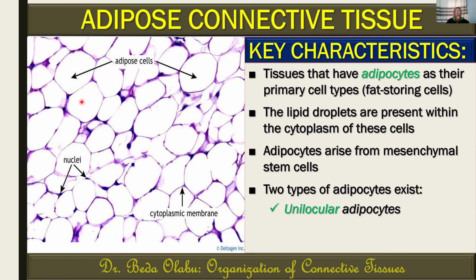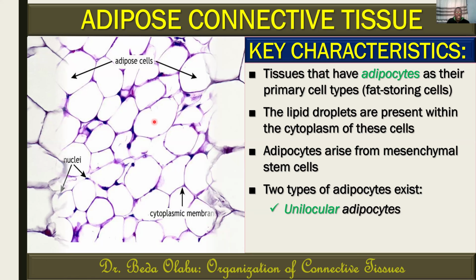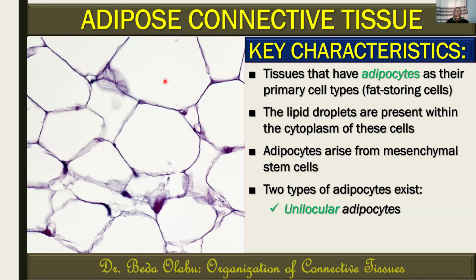These are adipocytes that have one huge fat locule within them. So it's a unilocular adipocyte. This other image also shows you a higher magnification of unilocular adipocytes. We have one huge locule of fat.